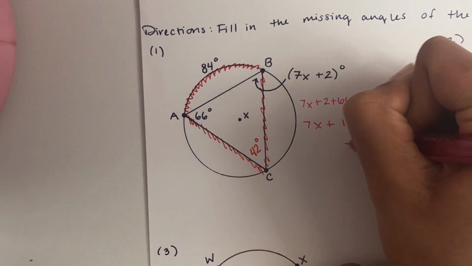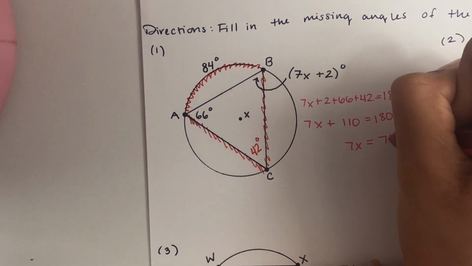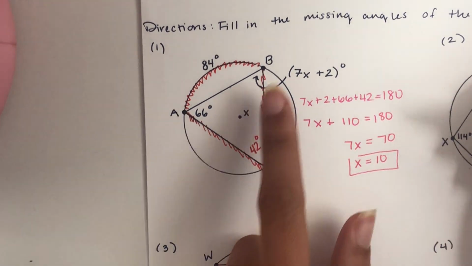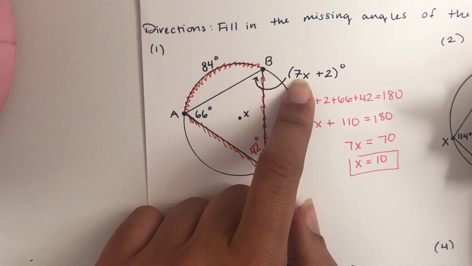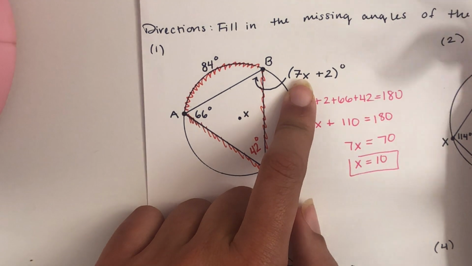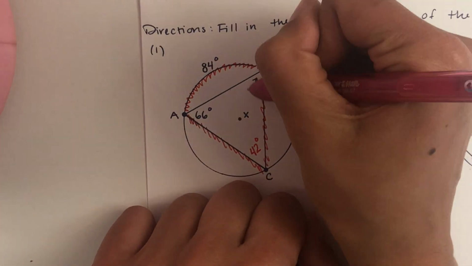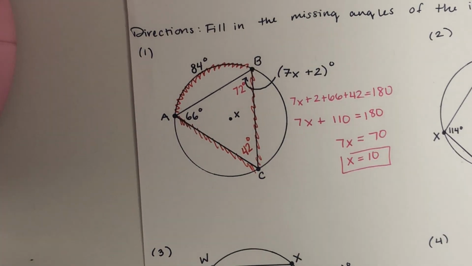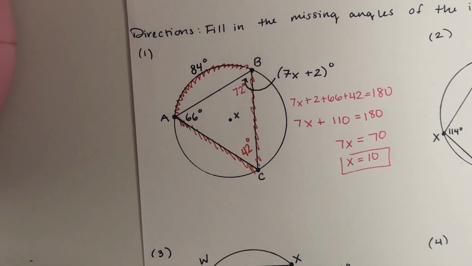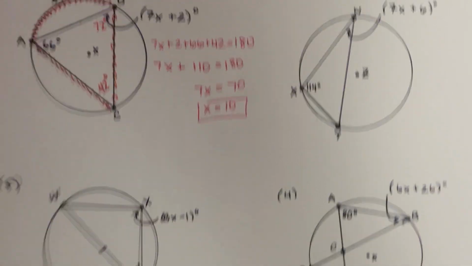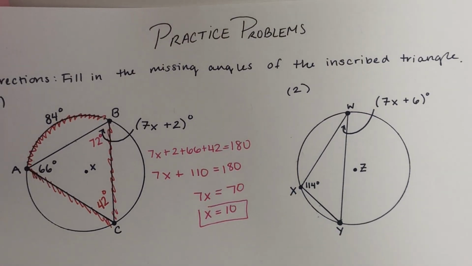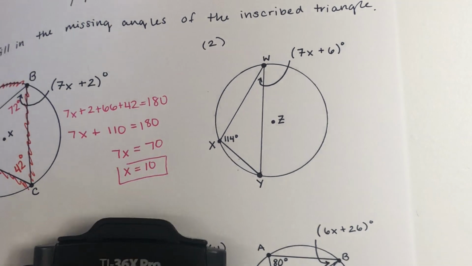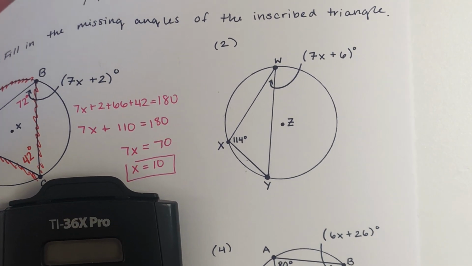Subtract 110 on both sides, and you get x equals 10. If I plug that back in there, instead of 7 times x, it's 7 times 10, which is 70. And what's 70 plus 2? 72. Hopefully not horrible. All right, I would love if you pause the video and try number 2 on your own.